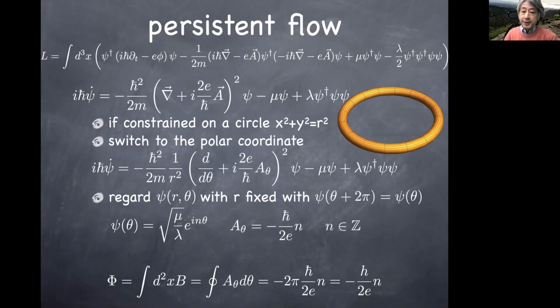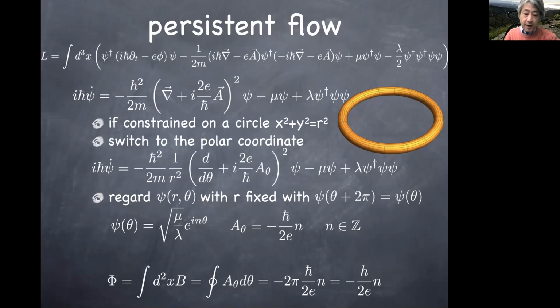Now we have an interesting solution where this is canceled by the vector potential in theta direction if you take this configuration here. So if A theta is given by this value, then things in the parentheses completely cancel against each other. That means you can have a static solution now because this cancels.